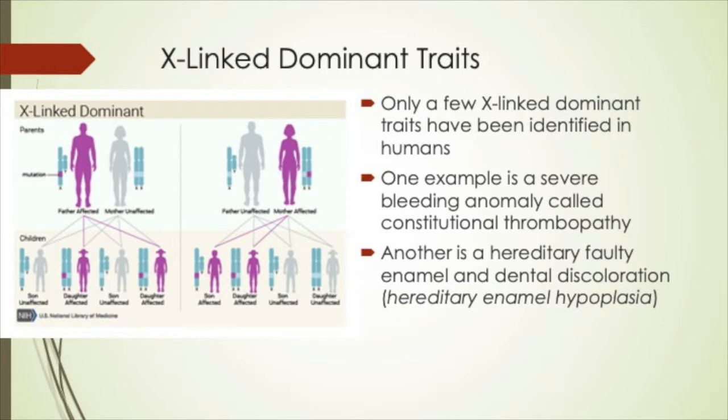X-linked dominant traits. There's not really a whole lot of these going around, but there's a few. So one example is constitutional thrombopathy. Not really sure what that is. But basically if you have the father affected, you can have the daughters affected, right? Because you have the X-link that is passed down to the daughters.